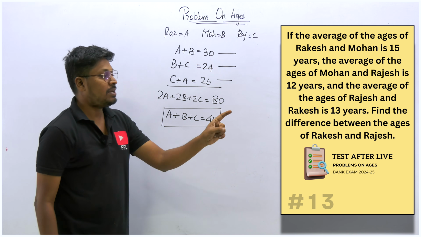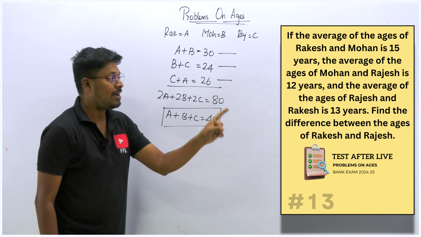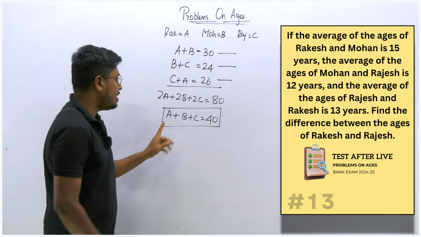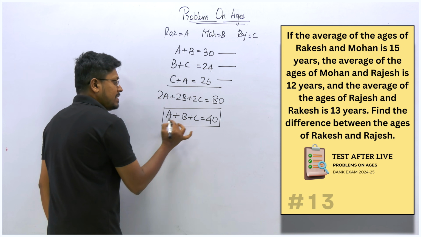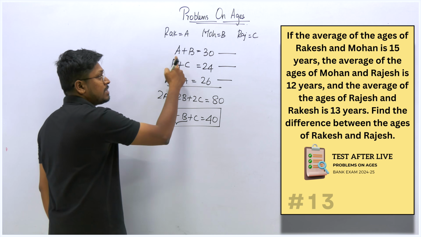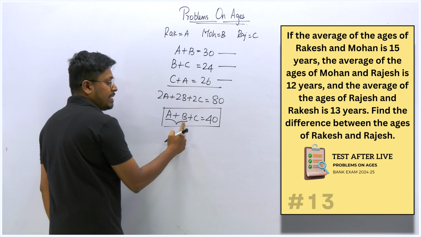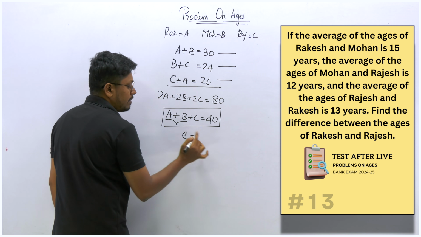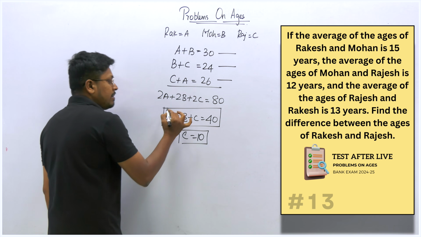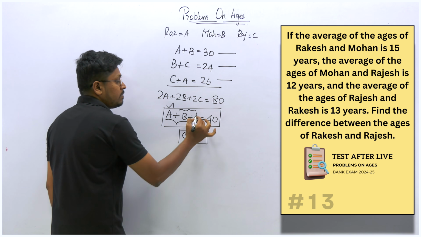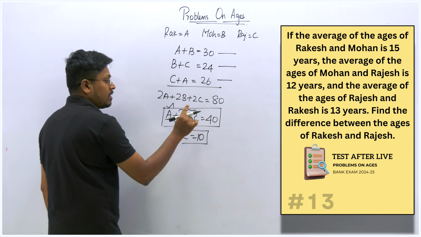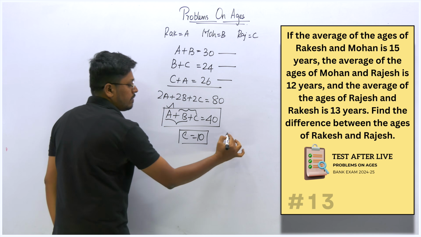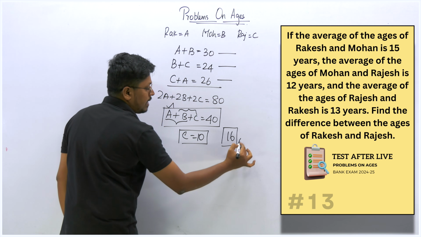Now, according to the question, our target is to find the difference between Rakesh and Rajesh. Rakesh is A, Rajesh is C, so we need the difference between the ages of A and C. First, we know A plus B is 30. Substituting it here, we can find C: 40 minus 30 is 10, so C's age is 10. Similarly, to find A, we substitute B plus C, which is 24: 40 minus 24 is 16.